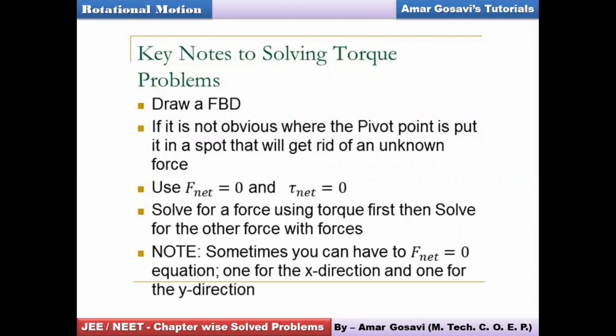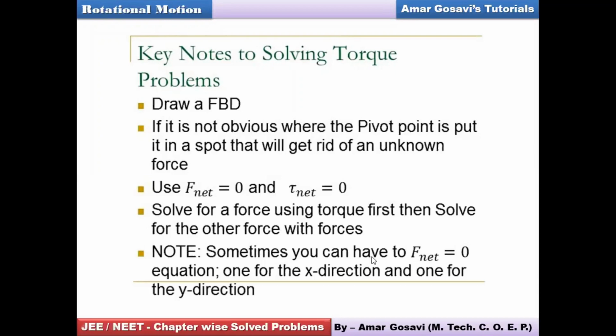Then you would be using the conditions of equilibrium. Now, what are the conditions of equilibrium? The translational equilibrium says F net should be 0, and the rotational equilibrium says the net torque should be 0. Then we will frame two equations and solve these equations to get the unknown. Now there is a specific note here.